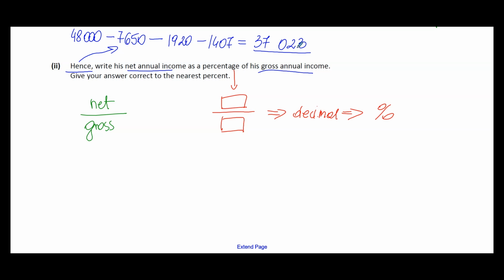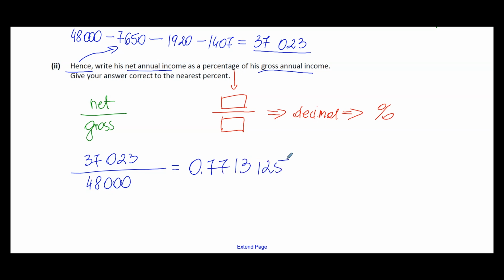So now that we know his net income, 37,023 over his gross income, 48,000. And again, we put that in our calculator, we press equal, and we get 0.77132125. So that is a decimal, and then we change that decimal to a percentage.